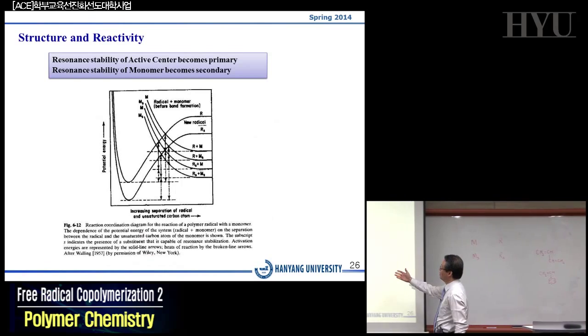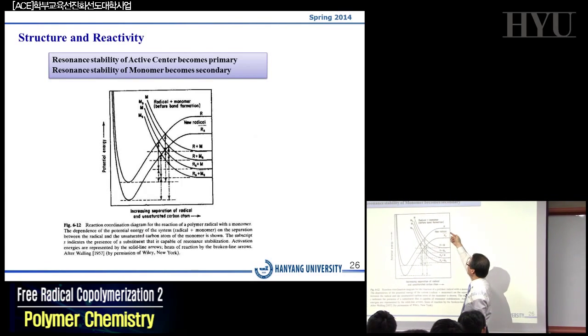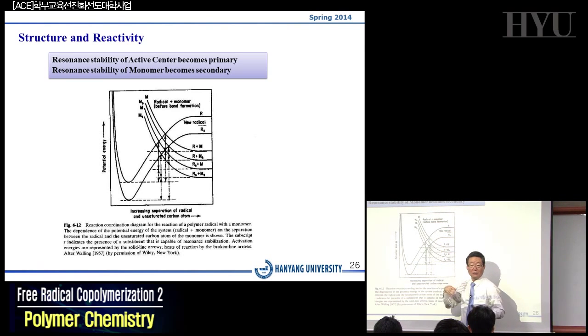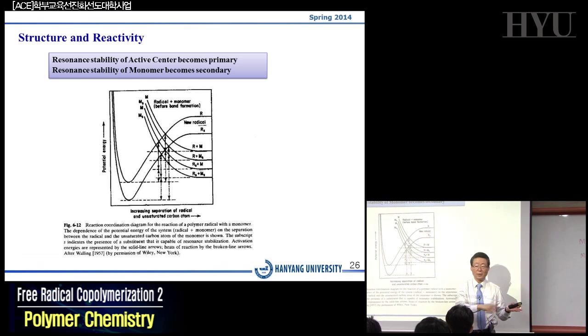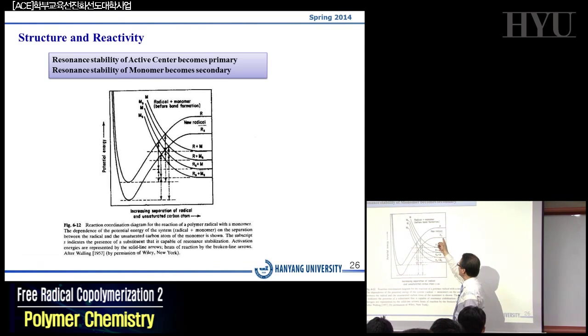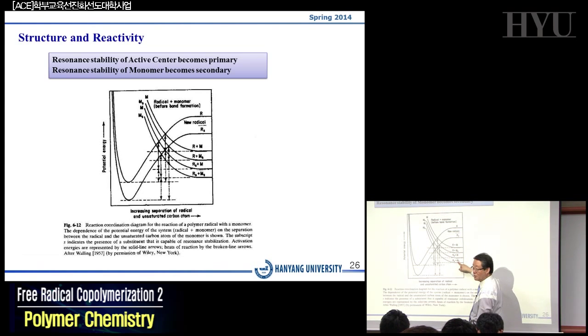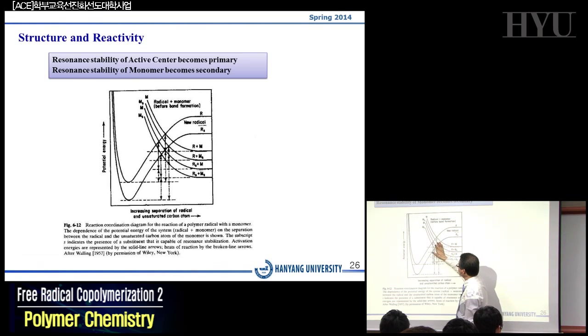So I have 4 species. I have a large R, which is the radical, and I have RS. MS becomes RS, right? RS, attractive forces. And I have repulsion forces because of the reactions between R and M, R and MS, RS and M, and RS and MS. So I have 4 different cases.